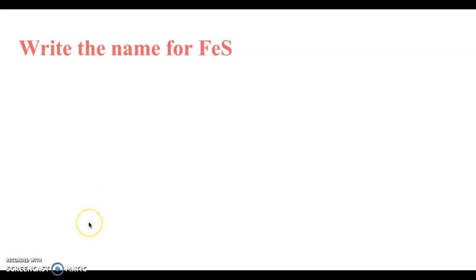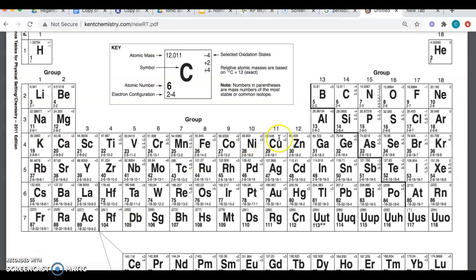Now this one you're going to have to use your reference table for. If we take a look at sulfur, sulfur is going to always take on pretty much a -2 charge. Iron can take on either a +2 charge or a +3 charge. In this case, because they're 1-to-1, we have sulfur with a -2 charge.